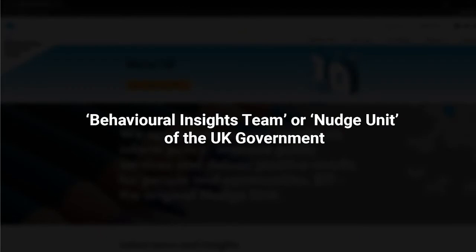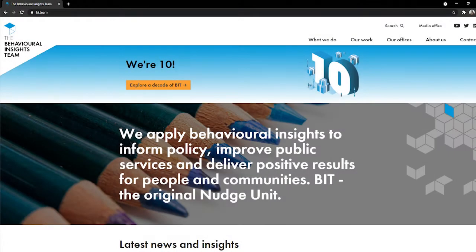Governments, mostly in developed countries, have behavioral economists to implement nudges to improve citizens' lives and help them make the right decisions. I hope the Indian government follows suit.